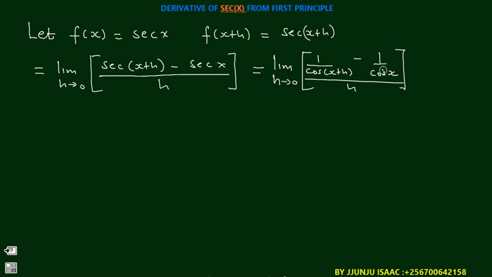So we can simplify the numerator here. We shall find the LCM. When we find it, this will be cos x minus cos of x plus h.